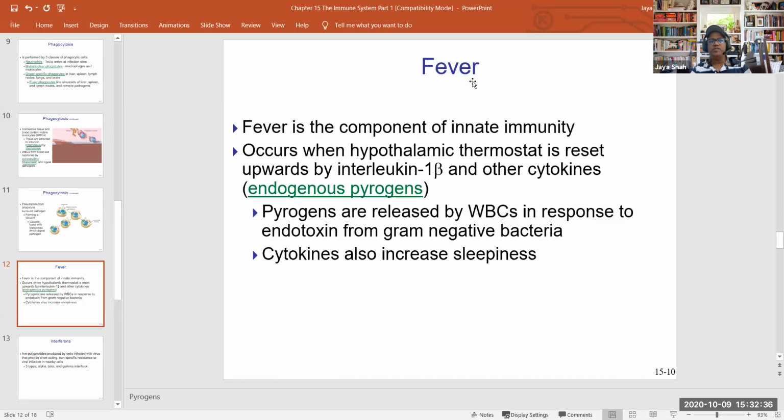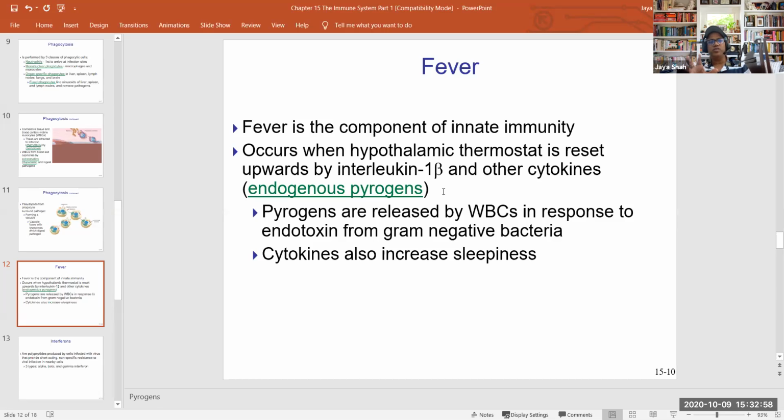How do we produce fever? It occurs when the hypothalamic thermostat is reset upward by interleukin 1 beta and cytokines. These interleukin 1 beta and cytokines are collectively called endogenous pyrogens, meaning pyrogens from your body.